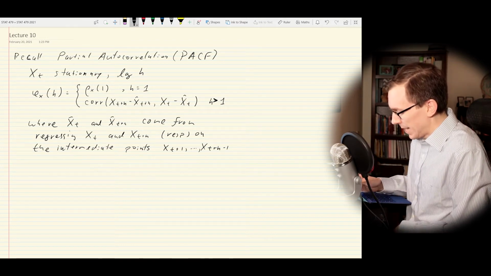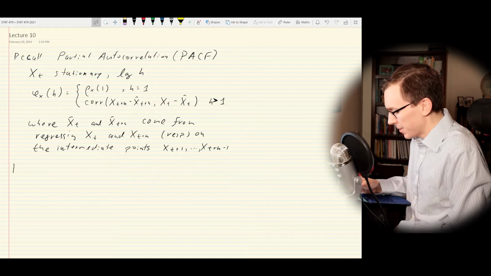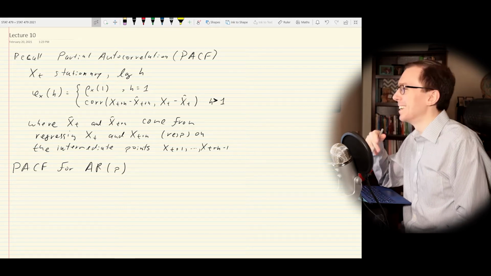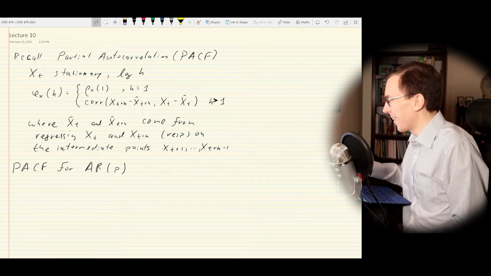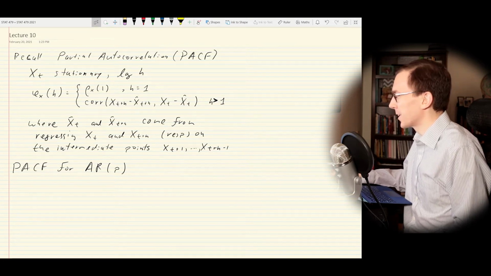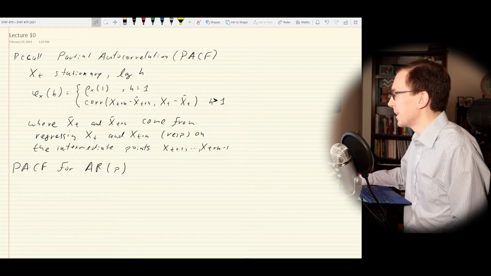So now what we're going to do is compute the PACF for the AR(p) process, continuing our alphabet soup of various time series jargon acronyms.